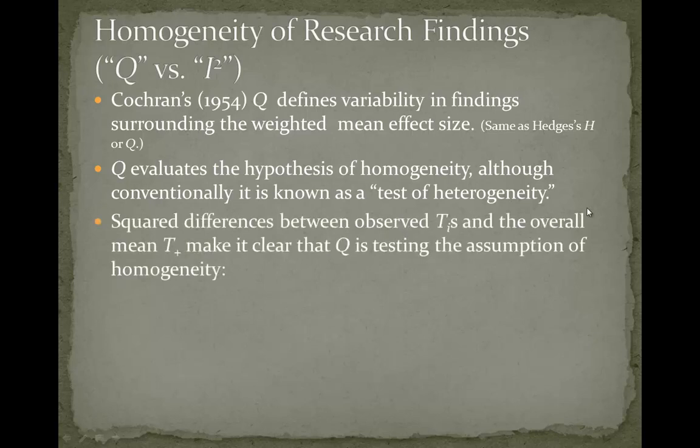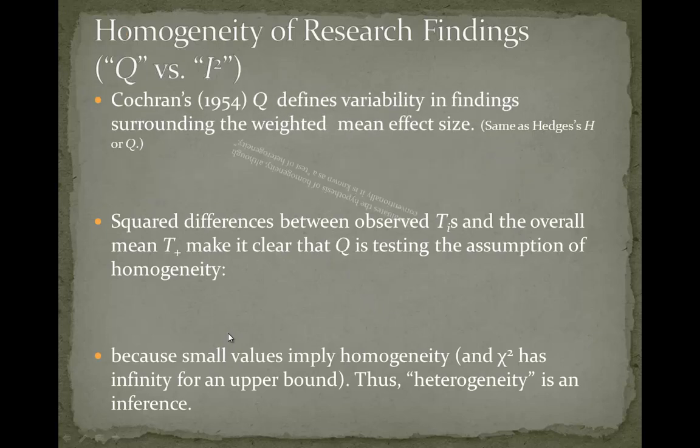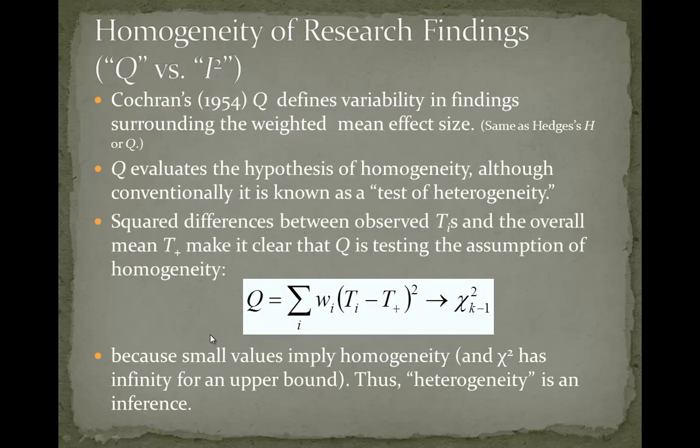Squared differences between observed effect sizes and the overall mean effect size make it clear Q is testing the assumption of homogeneity. So let me get up to, there's our equation again, and you can see small values imply homogeneity. So deviations from that mean deviations from homogeneity. Thus, we're testing the assumption of homogeneity, not the assumption of heterogeneity.